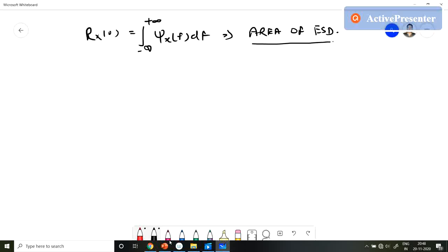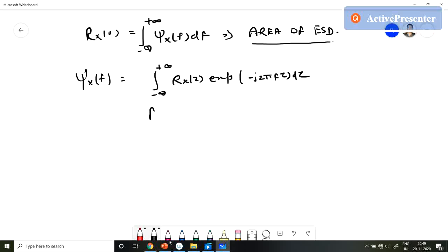So what is psi x(f)? psi x(f) is the integral from minus infinity to plus infinity of Rx(tau) exponential minus j 2 pi f tau d tau.